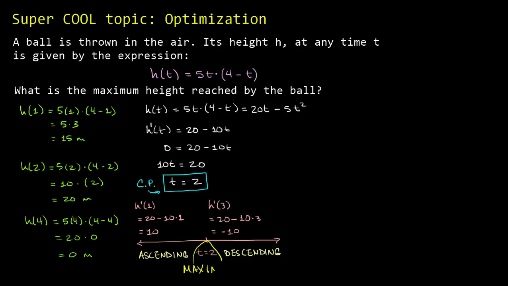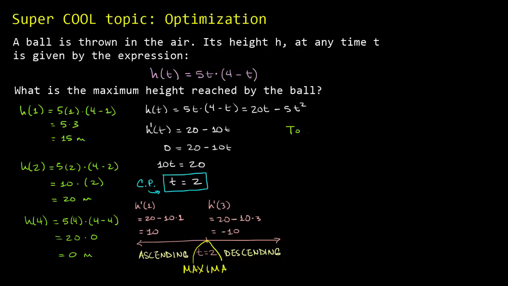This is a maxima. Now, at time equal to 2, the ball will reach its maximum height, but this is just the time. We need to figure out the height. So in other words, we have to do a substitution. We have to evaluate the function h to figure out what this maximum height is.